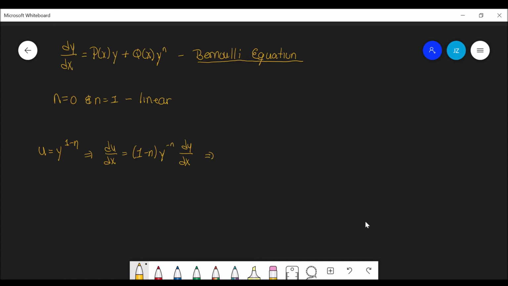This, of course, means that y to the minus n dy/dx is equal to 1 over (1 minus n) du/dx.